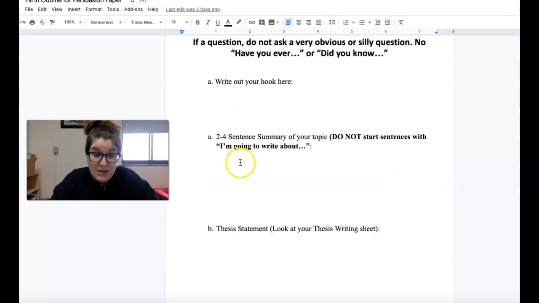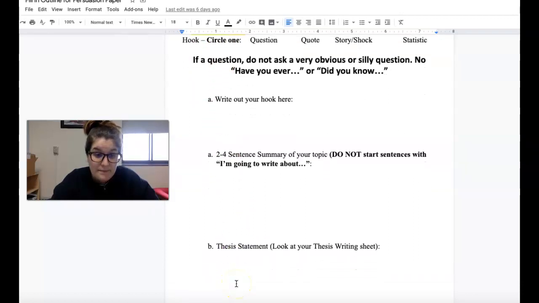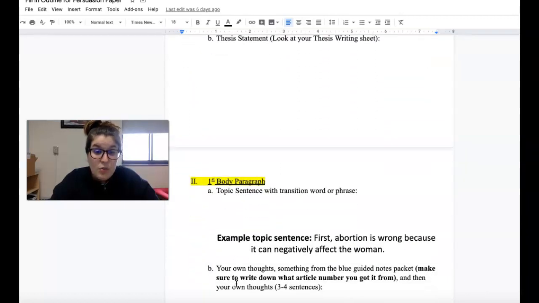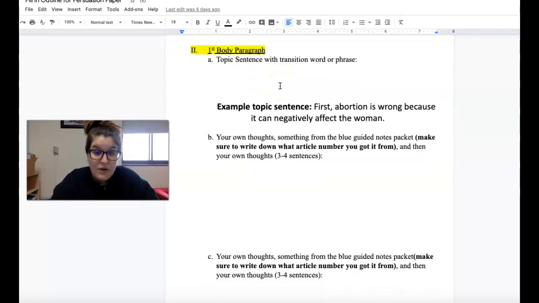So these 3 spots, this is your introduction. Boom, this front page, okay? That's your introduction. When we move on, you can see this is going to be the first body paragraph. Now, we have talked about topic sentences before. For some reason, you guys forget all the time what they are, okay? So this is an example of a topic sentence right here.